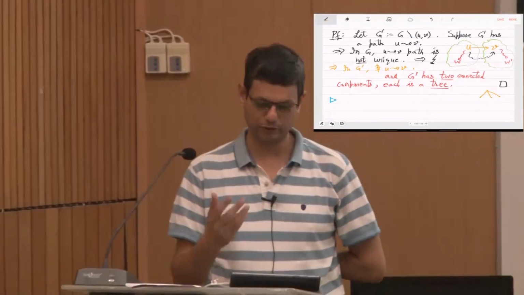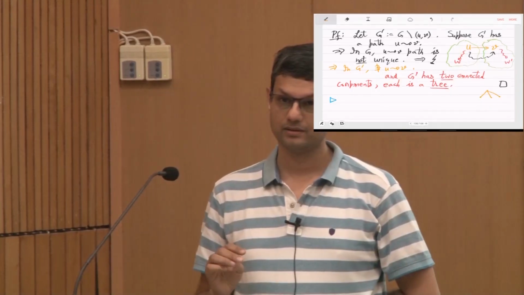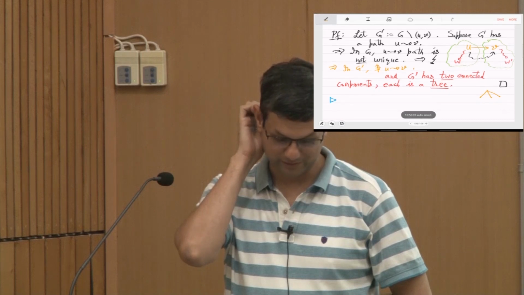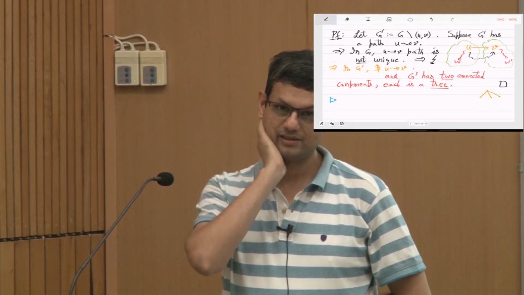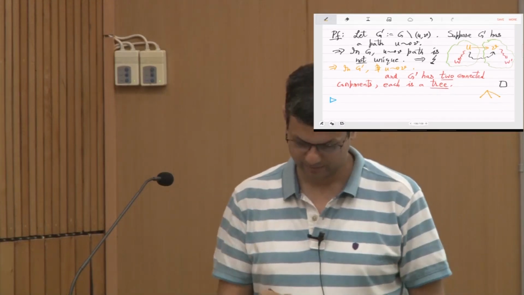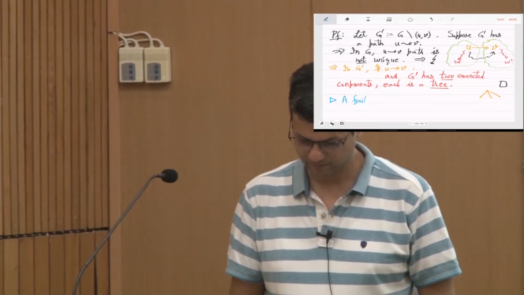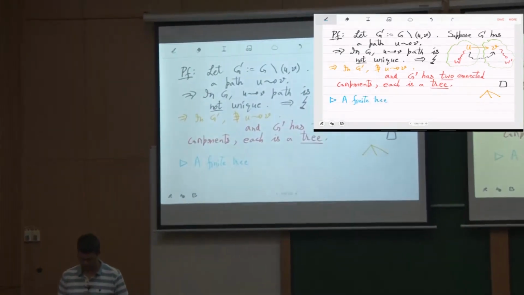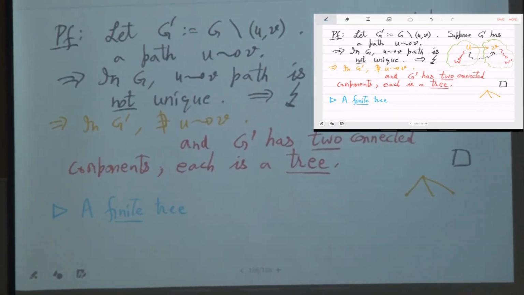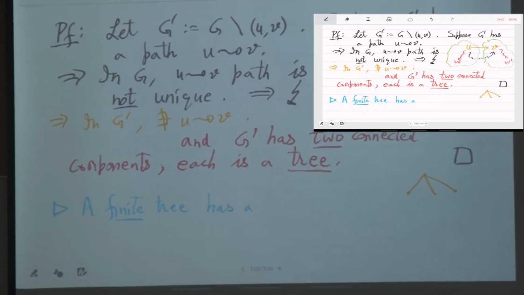Not everywhere. Everywhere you cannot say, because degree can be arbitrary. Yeah, those are more complicated properties. The simplest property is that there is a vertex with degree 1. So a finite tree, and in discrete math we will only study finite trees. So a finite tree has a degree 1 vertex.